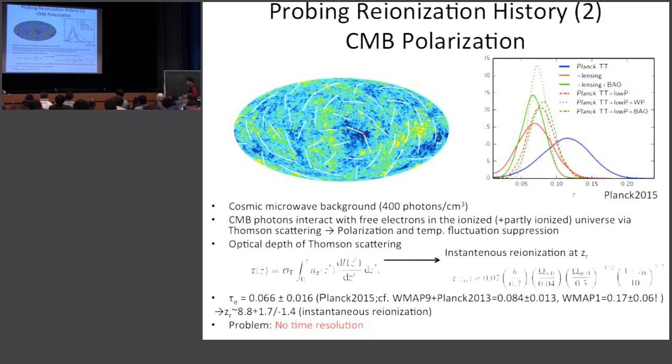CMB is extremely bright, actually, like you can see 400 photons per cc in the universe. So the signal is very strong. And this time, what you can measure is not the neutral hydrogen, but ionized gas or free electrons, because the CMB photons are traveling through us.